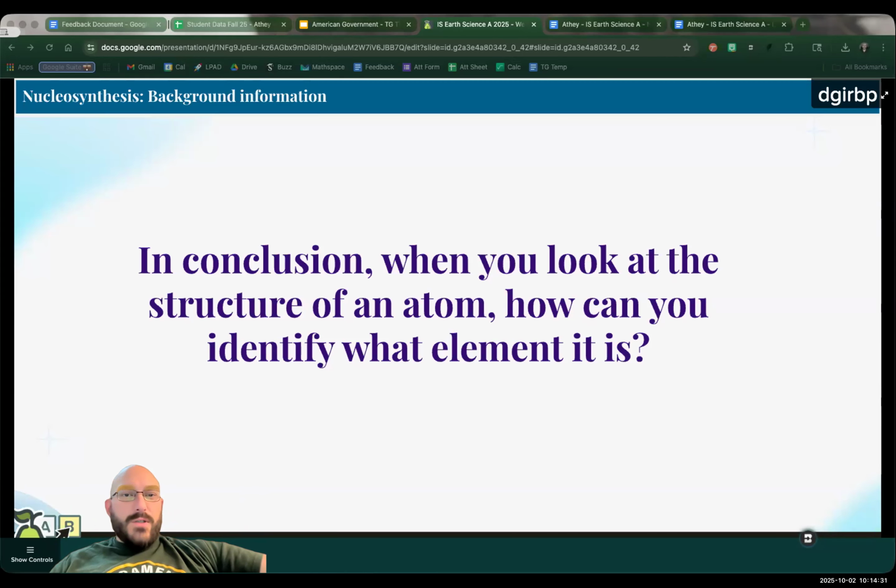And please have your cameras on, please. Okay, so it looks like we're a little confused still, some of us. It's the number of protons that determines what element number it is.